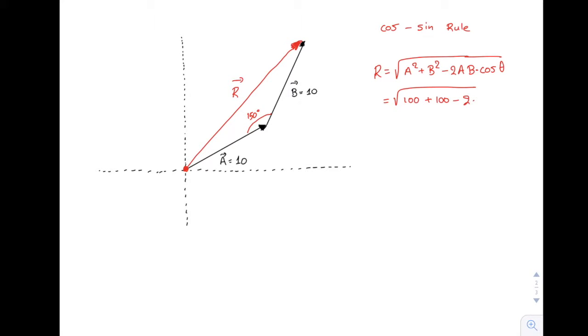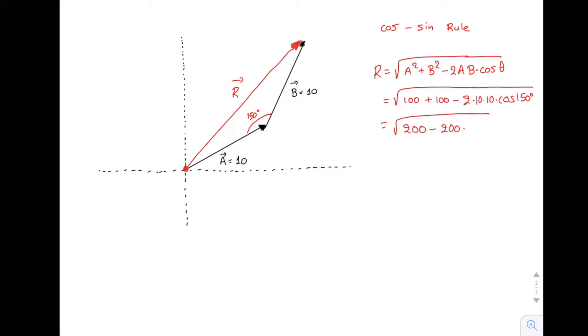In this case, we need to be a little bit careful because the cosine of 150 degrees is negative. So the two negatives, the cosine and the minus before the 2, will give us a positive value in total.